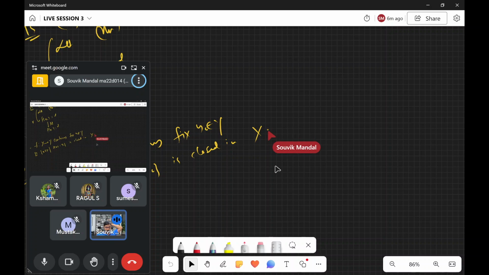What is the question? The question is that suppose f is a function, and fix some y naught. Now show that the set of all those x is closed.